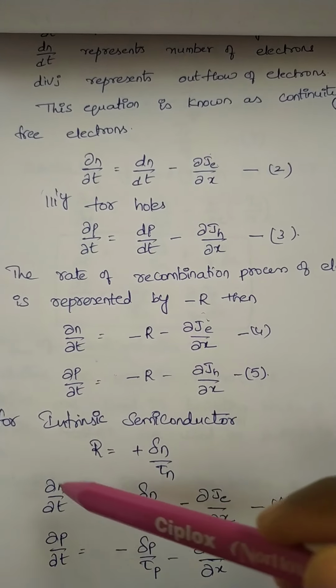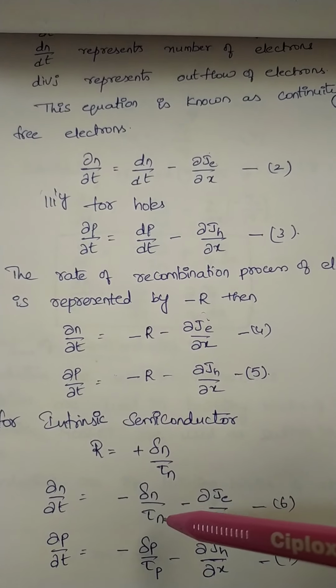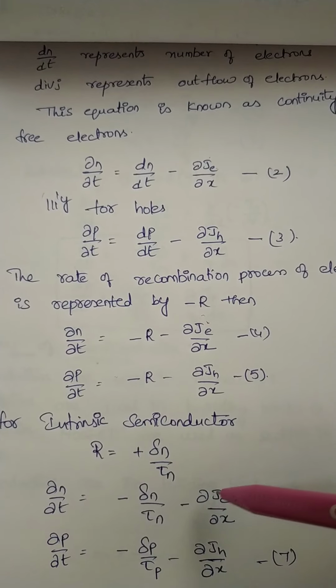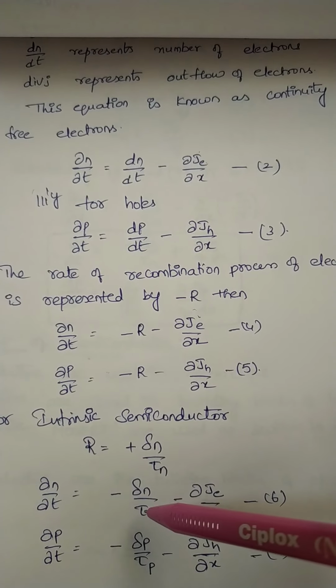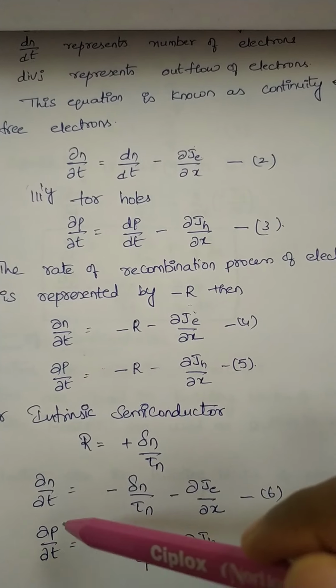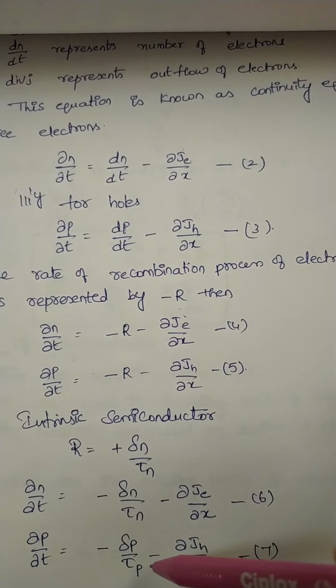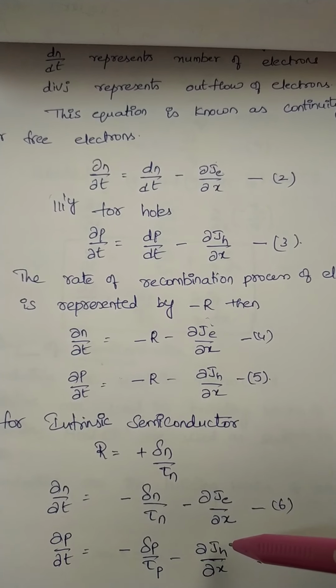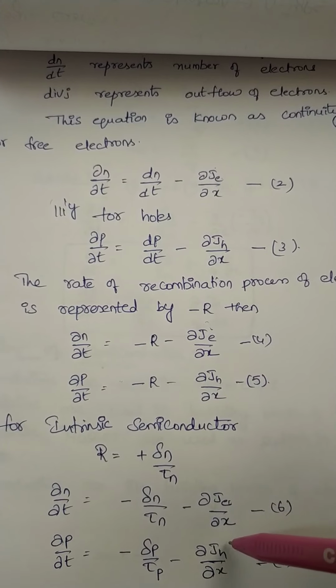Substituting this, we get ∂n/∂t = −Δn/τn − ∂Je/∂x. Here tau is the relaxation time. Similarly, ∂p/∂t = −Δp/τp − ∂Jh/∂x. Je is for the electrons and Jh is for the holes.